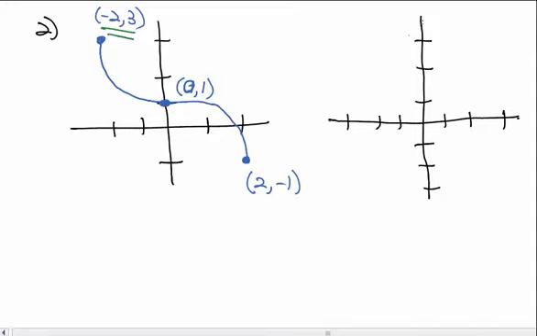So I'll put a new point at 3, negative 2, which represents that x and y being switched. Similarly, the 0, 1 is going to flip to now be 1, 0. Similarly, the 2, negative 1 is going to flip to become negative 1, 2.